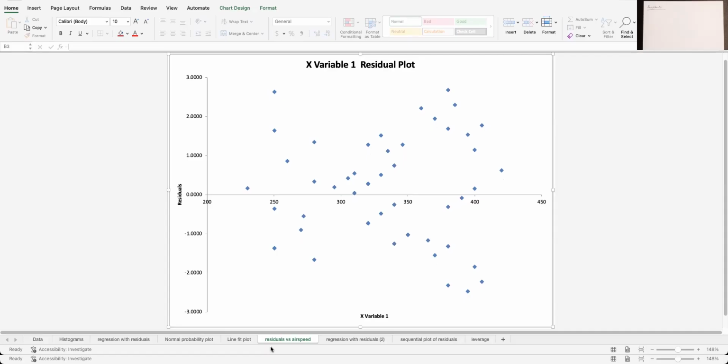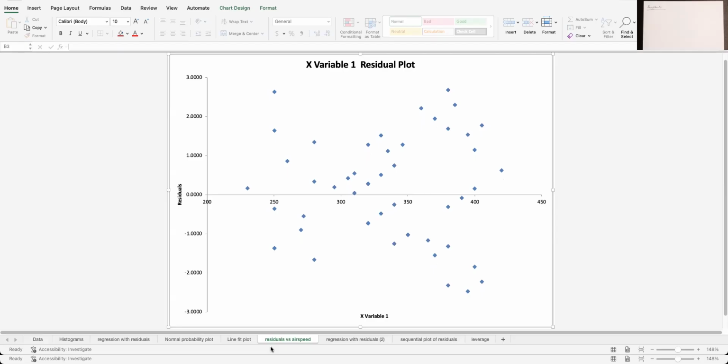But the fact that there are as many above as there are below, or at least roughly, and I don't see any sort of, hey, as we get faster, these get further apart, or as we get faster, these get closer together, this sort of spread as we go across in either direction, that idea would then violate that my errors were independent.